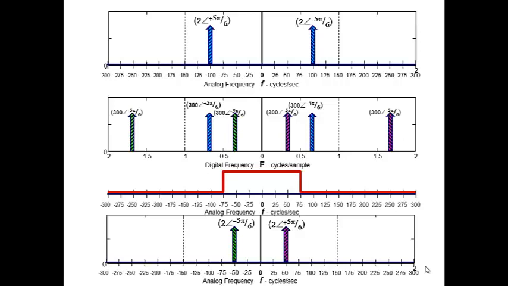The digital alias frequency is the analog one divided by the sampling rate. Or if you prefer, minus 4 sine of 2 pi n over 3 plus pi over 3.